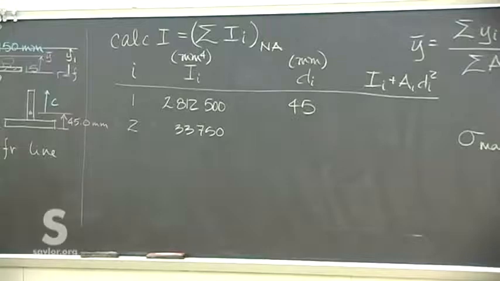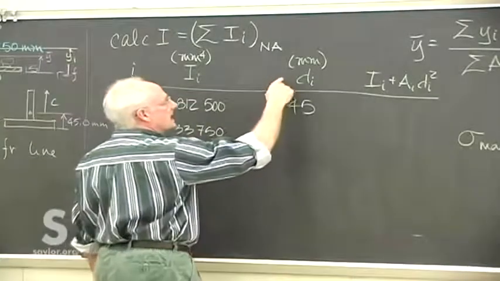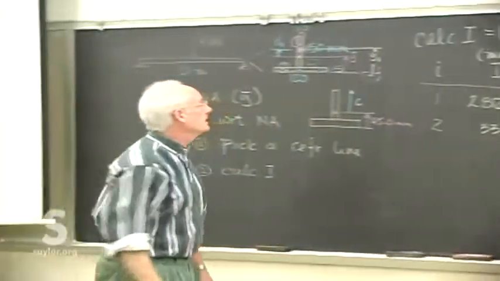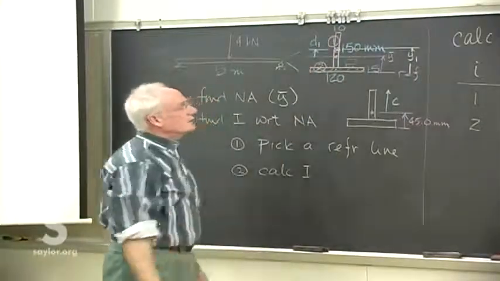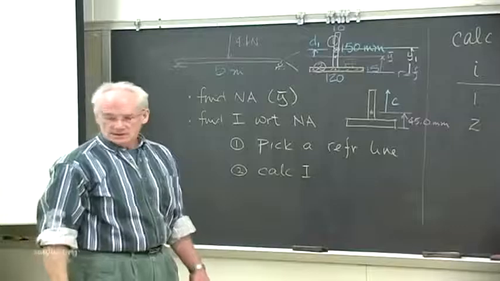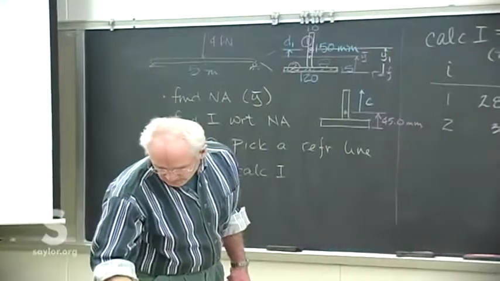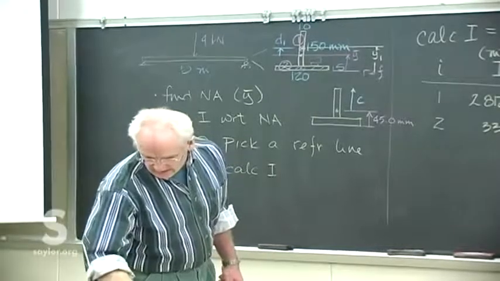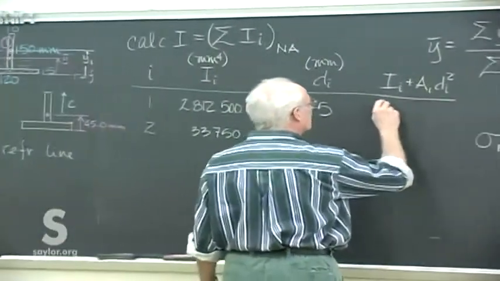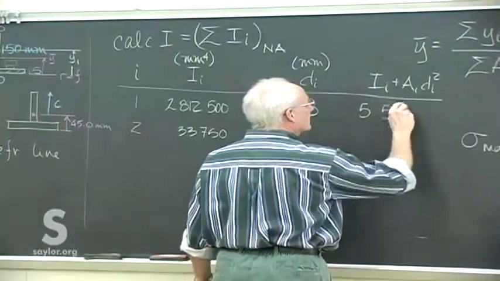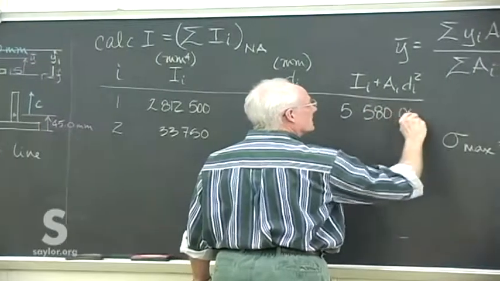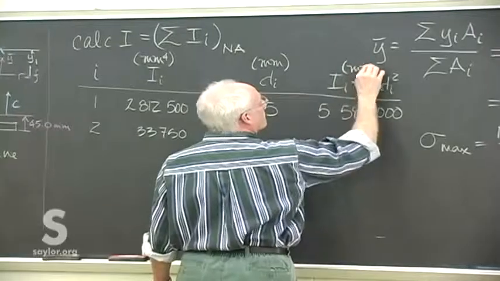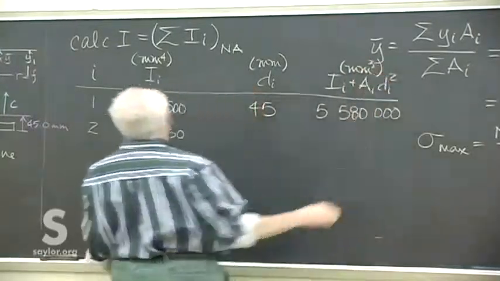And so now I can do I plus AD squared to get the moment of inertia of that upper piece with respect to that neutral axis that we placed. Comes out to be 5,580,000, and this is millimeters cubed.